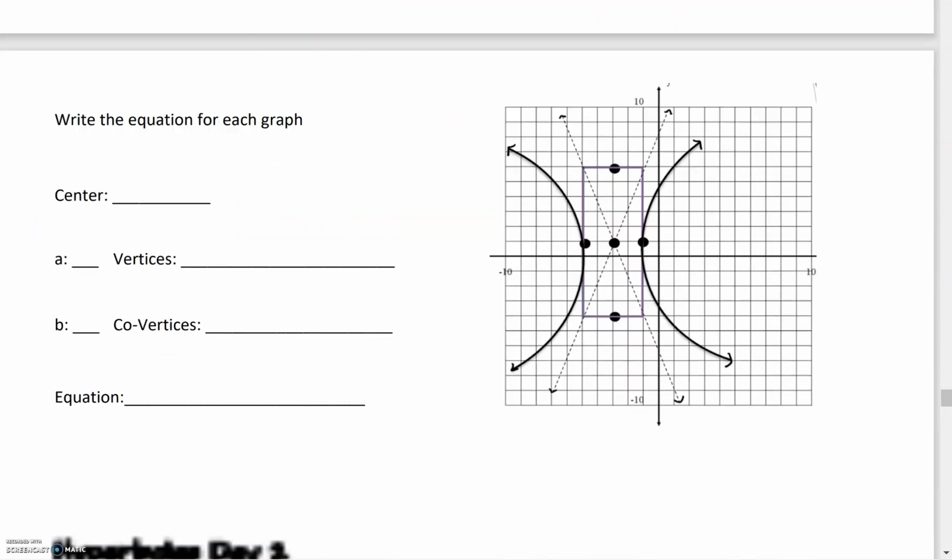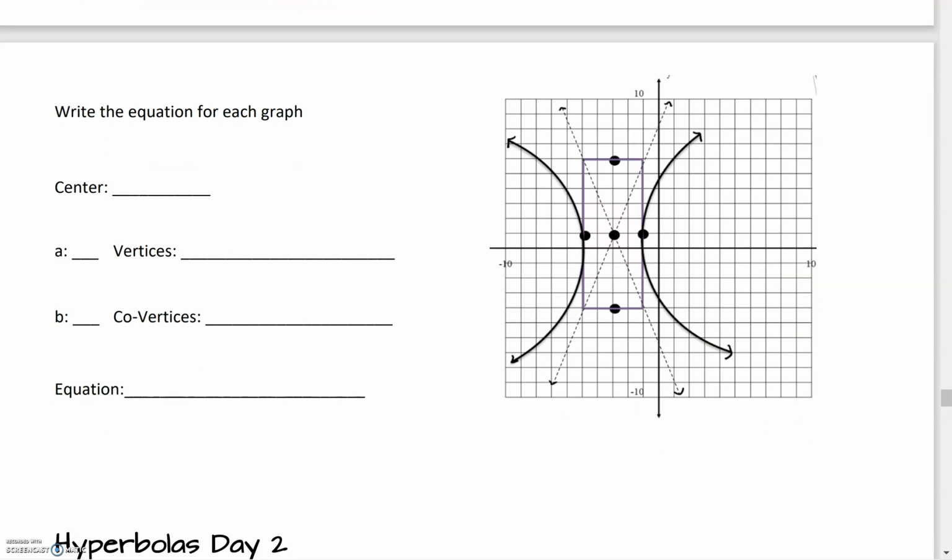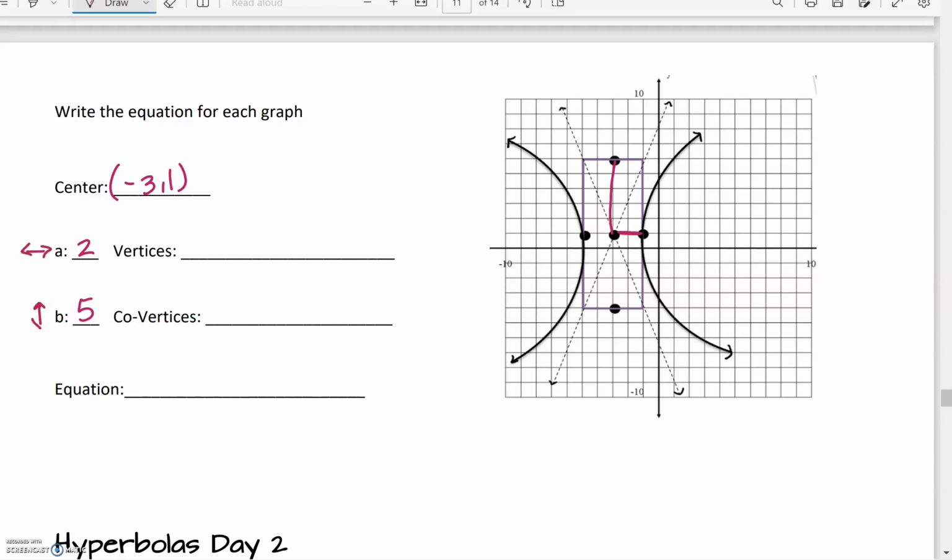All right, so now we're going to write the equation. So let's find our center here, which we're given at negative 3, 1. Our a is the first, and that is our vertices, and that's going to go this direction. So that's our a right there of 2. And then we are vertically here 1, 2, 3, 4, 5. And again, a this way, b this way.